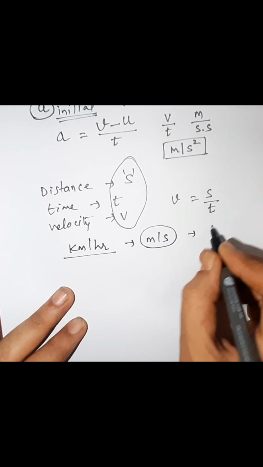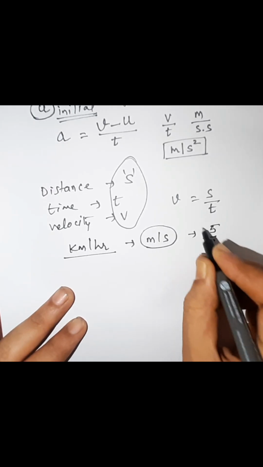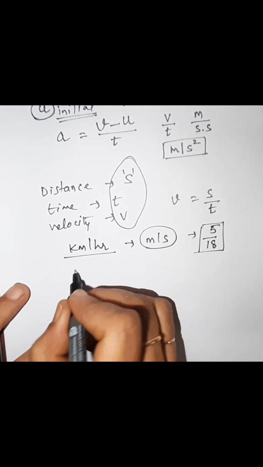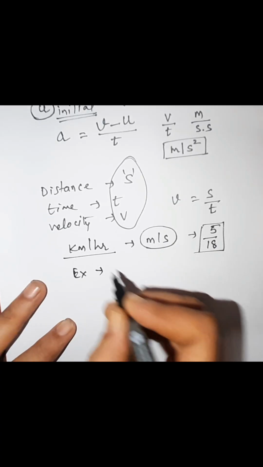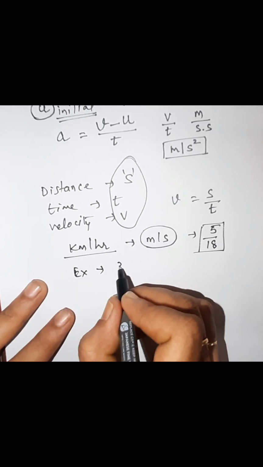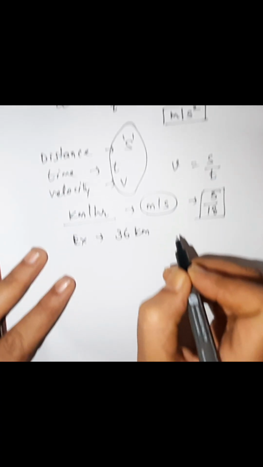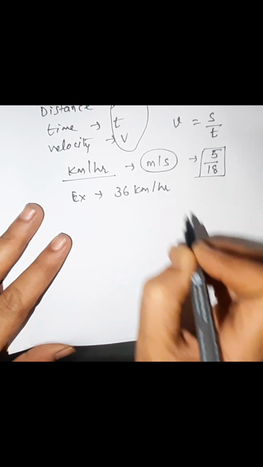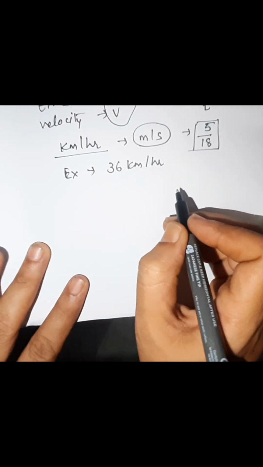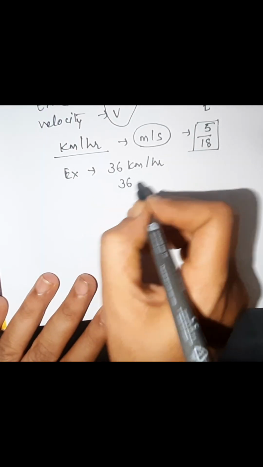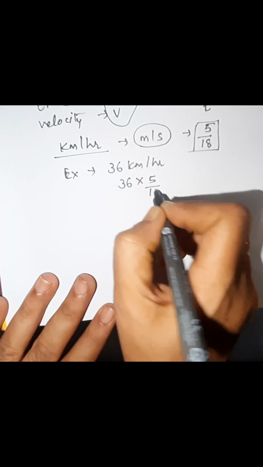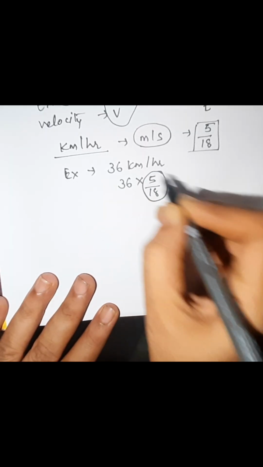For that we need to multiply the given value by 5 upon 18. For example, if the velocity is given as 36 kilometer per hour, how are you going to convert it into meter per second? 36 multiplied by 5 upon 18. So how did we get this 5 upon 18?